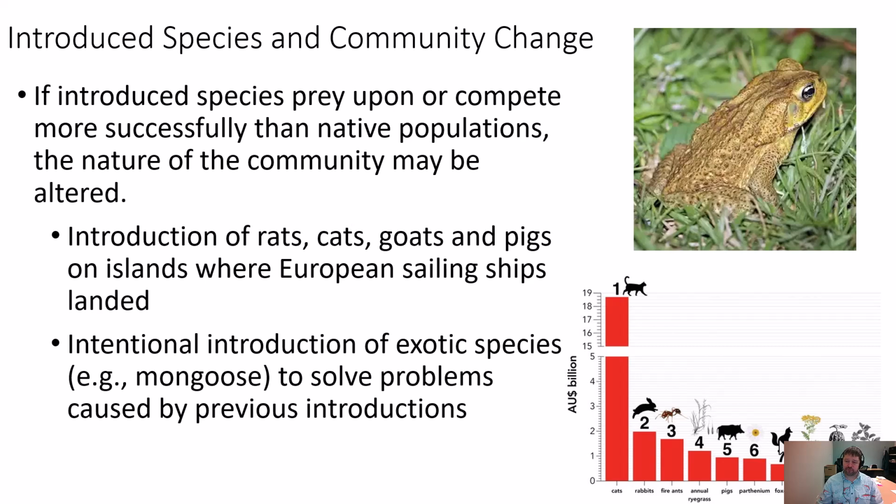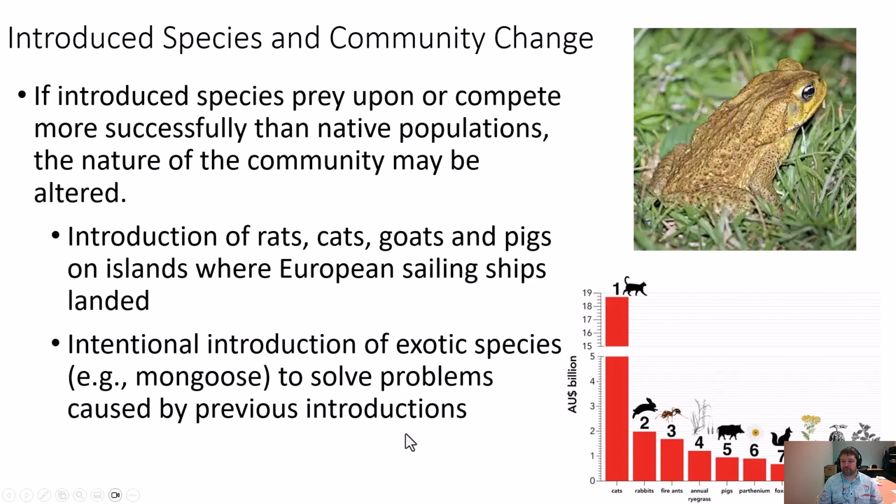Well, that didn't work because fox ate some of the rabbits, but it also ate native marsupials, and so on and on and on. You get this domino effect of one species introduced and then another species introduced to take care of that species, and it just becomes a huge problem.